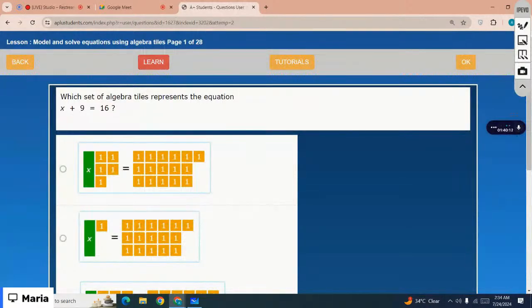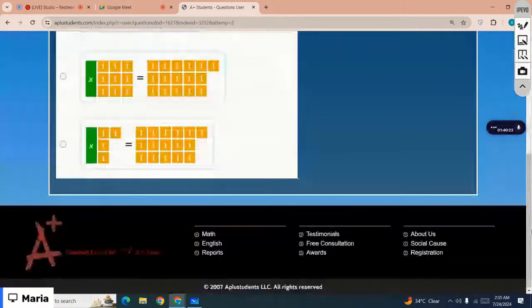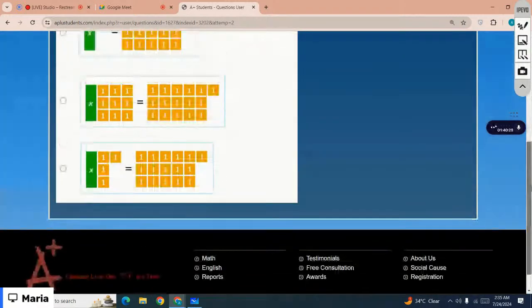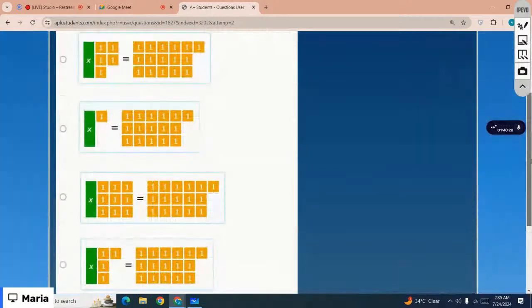Which set of algebra tile represents the equation x plus 9 equals 16?